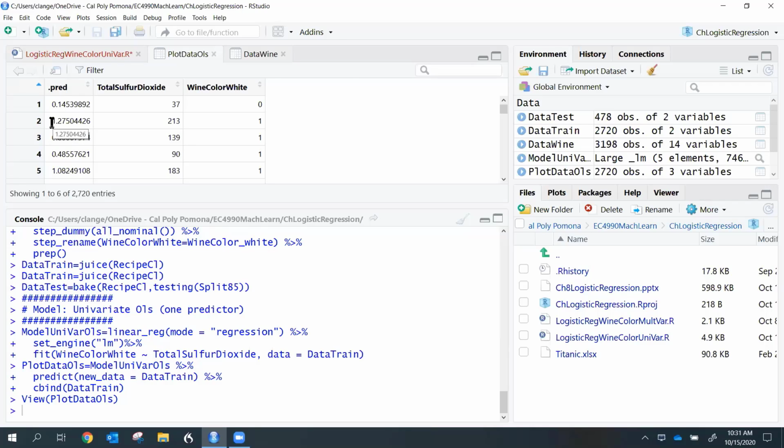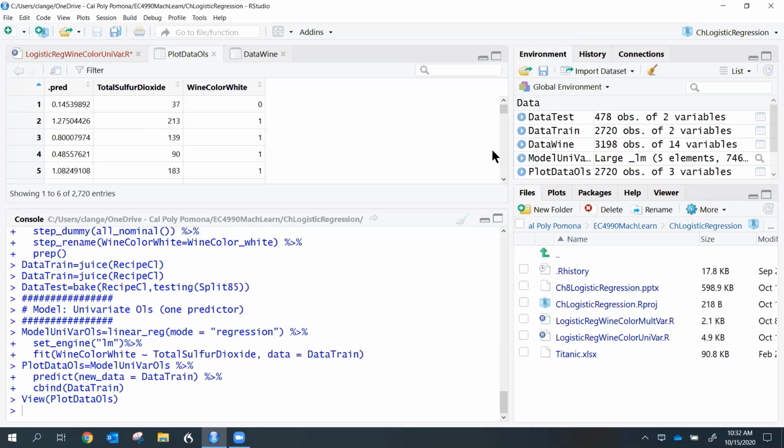When we look at record number 2, we can actually see the problem of using the predictions as probabilities. We have a predicted probability for being a white wine here of 127%. That's ridiculous. Everybody knows probabilities go from 0 to 1. Well, if we're generous and round this down to 1, we can say this wine has a very, very high likelihood of being a white wine.